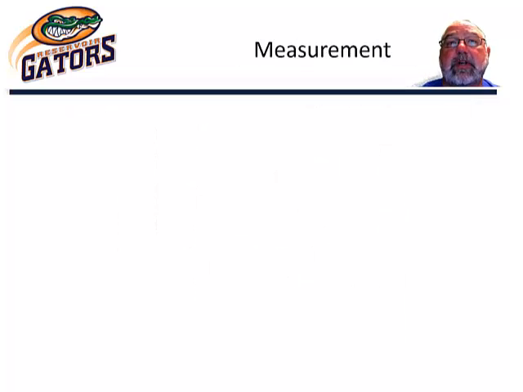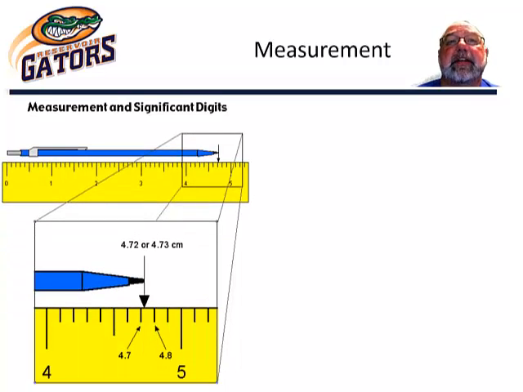Welcome back. Now we're going to talk about measurement and how we use these ideas of precision and accuracy along with our measuring tools. Here's a graphic of a ruler, divided into centimeters, and we're going to measure the length of that pen. If you look at the blow up, the length of the pen is somewhere between 4.7 centimeters and 4.8 centimeters.